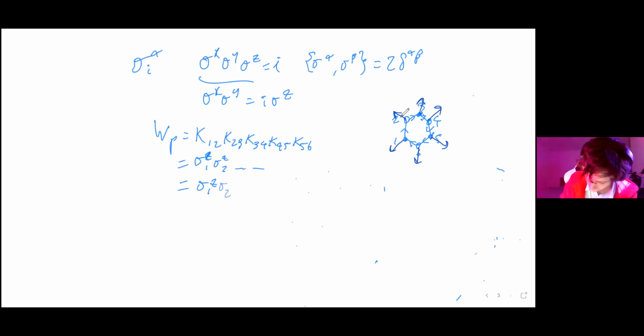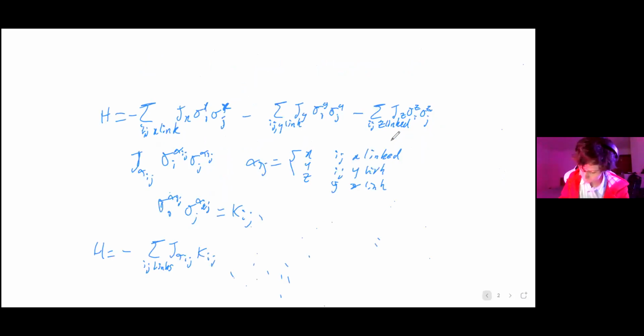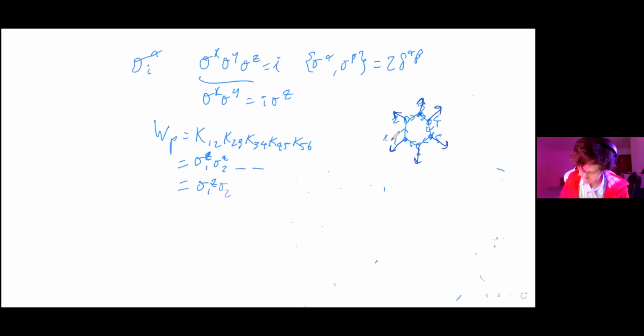So, sigma... I've mislabeled this. Have I mislabeled this? No, okay, this is meant to be x. Yeah, that is x. So it's sigma 1 x, sigma 2 y, sigma 3 z, sigma 4 x, sigma 5 y, sigma 6 z.